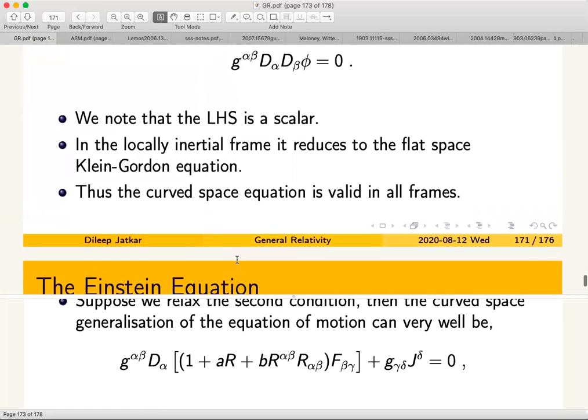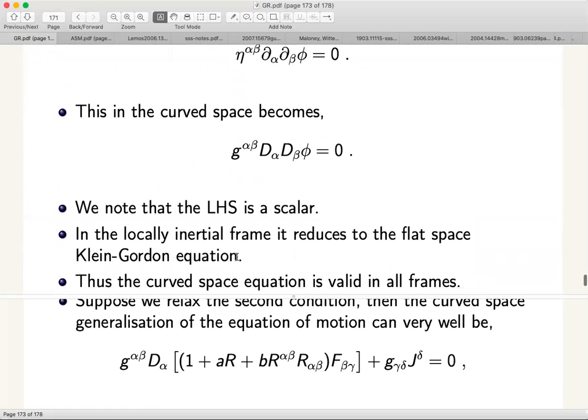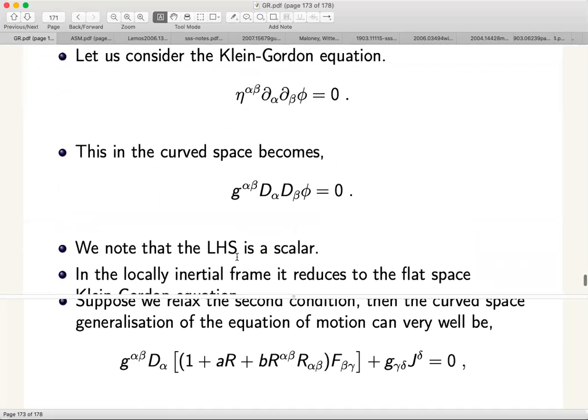So shouldn't there be an m squared? Otherwise this is just the wave equation. Yeah, you could put m squared, but m squared is not playing any role. That is why I didn't write it, because there is no tensorial quantity sitting around there. You could write down m squared phi equals 0, and that will just go as an additional piece.